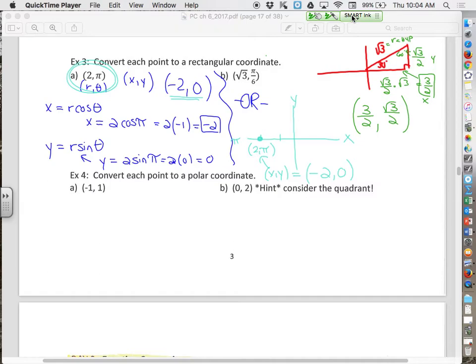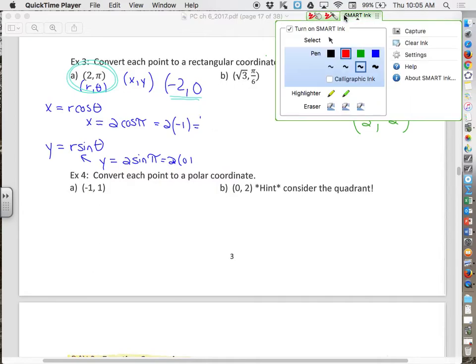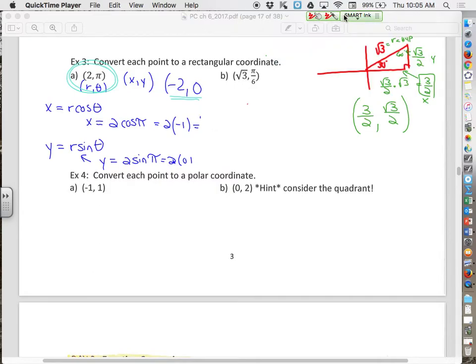If you don't like that and you want to use the equations again, you can use the equations. So if I use the equations back here, then I would have x equals r, which is √3, times cosine of pi over 6.